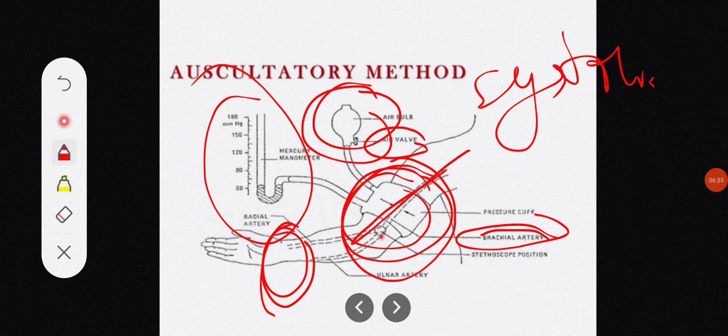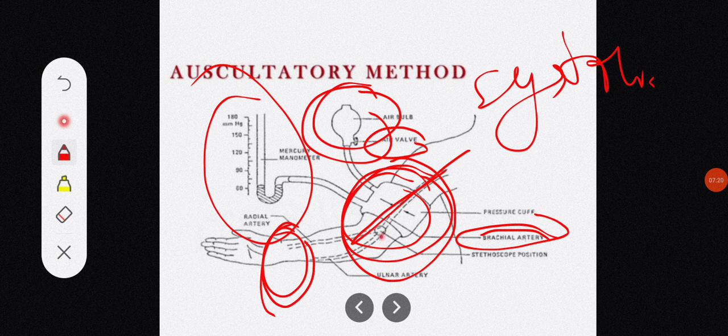Now what will happen if you keep on releasing the pressure in the cuff? The pressure is gradually released until the heart sounds or the arterial pulse beats cannot be distinctly heard or felt. Initially you will be able to hear the Korotkoff sound because you are deflating the pressure cuff.